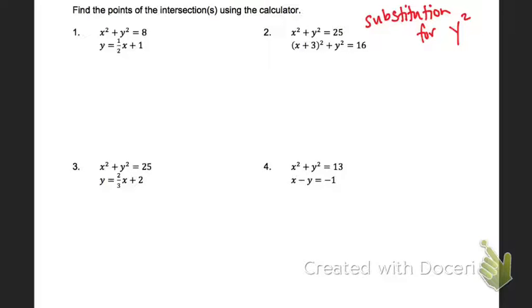It works out to substitute for x squared or y squared when you have both in both equations. So I'm going to take this top equation and solve for y squared. So y squared equals 25 minus x squared.